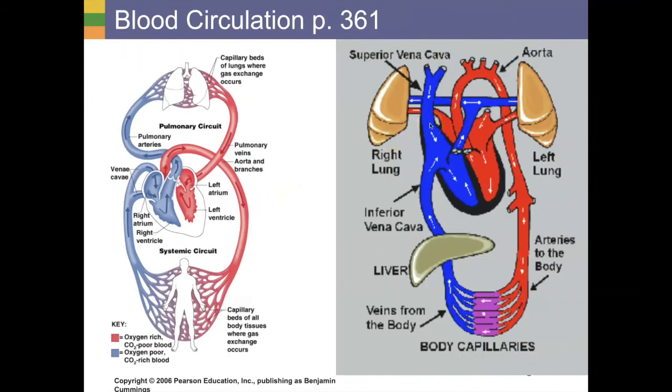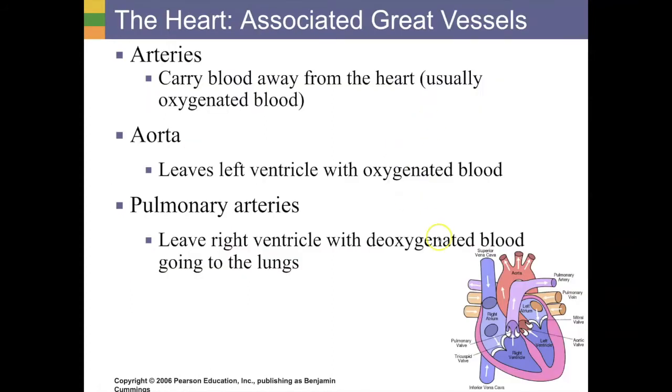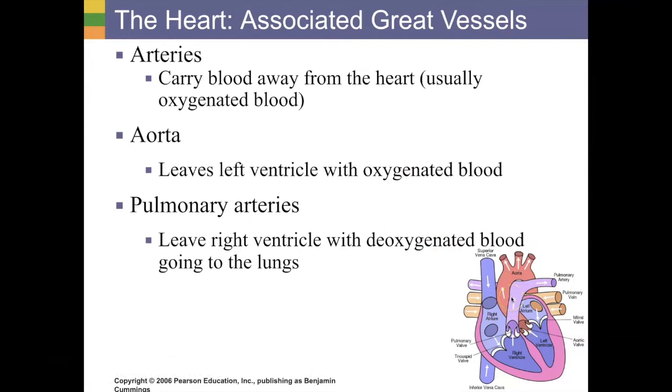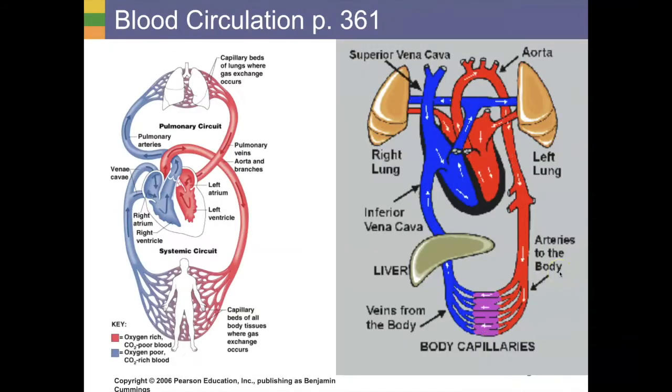Now, another thing that I want you to notice is looking at this pulmonary artery. You see that when it leaves the heart, it shoots out to the right and to the left. The reason for that is because to the right and the left of the heart are the lungs.